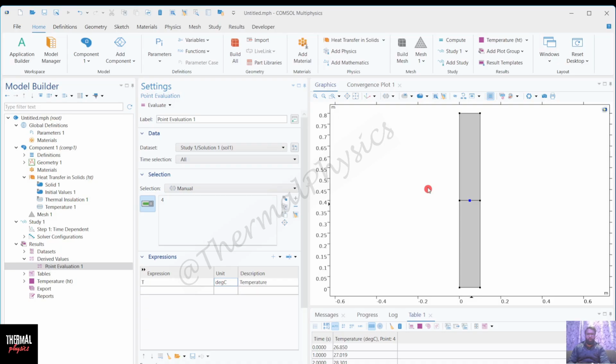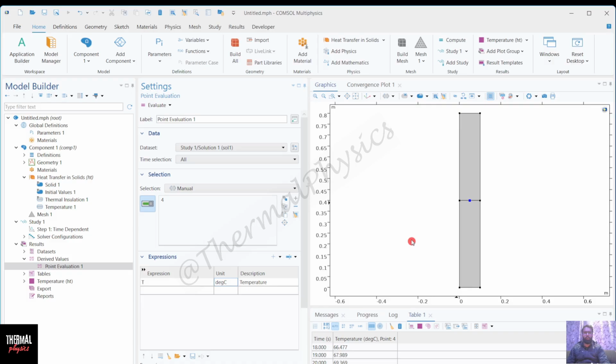So using COMSOL, after 20 seconds the temperature at this midpoint is around 70 degrees Celsius, which we got from the analytical solution as well.